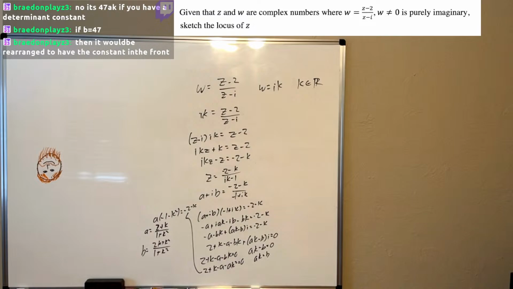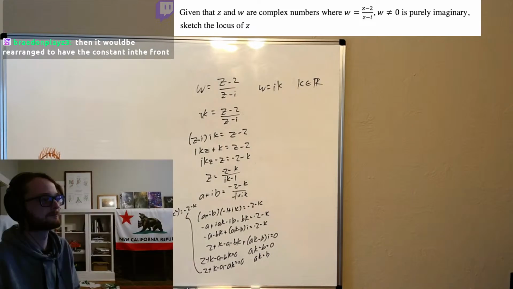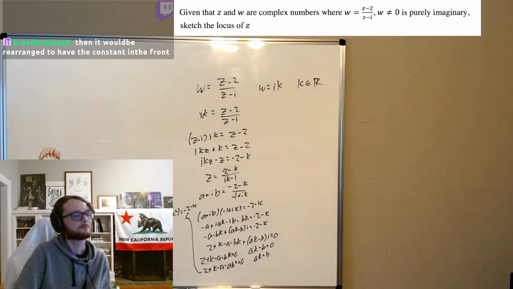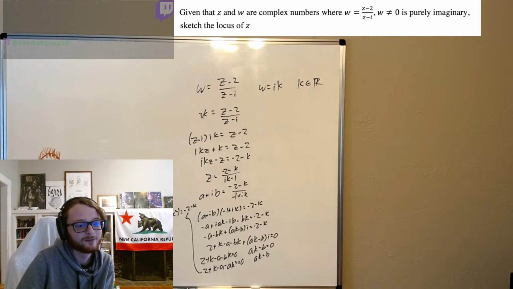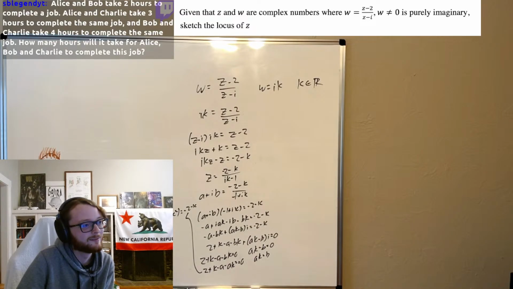Z is on the line y equals kx. Sketch the locus of z. I don't know.